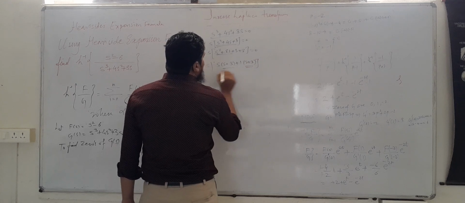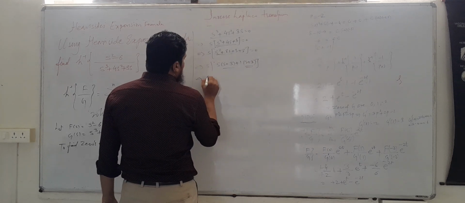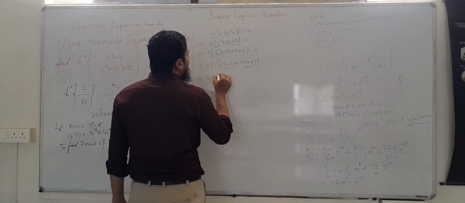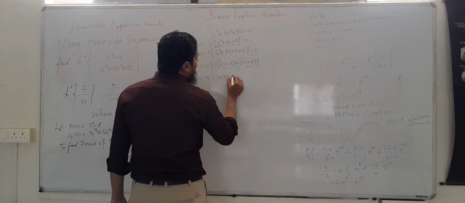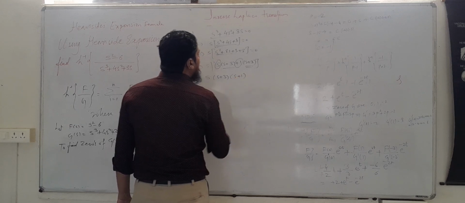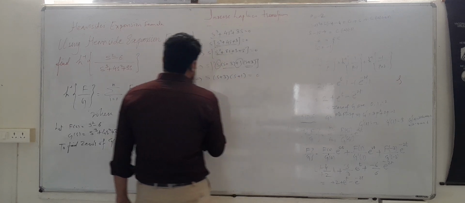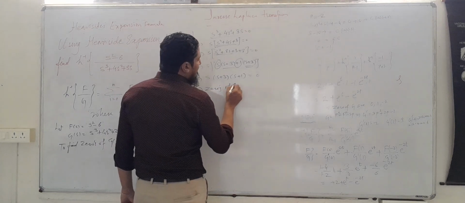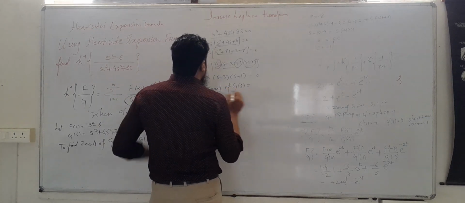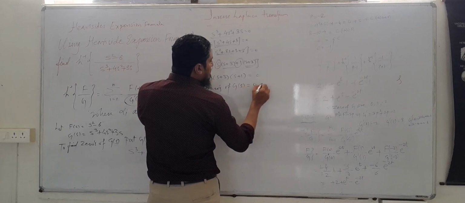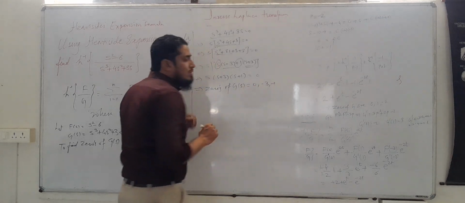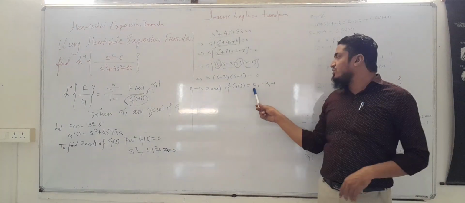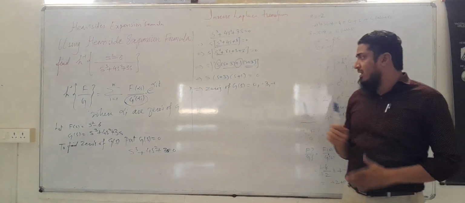Now s plus 3 is common, so taking it outside we get s plus 1. This implies that the zeros of g of s are 0, minus 3 and minus 1. There are 3 zeros of g of s, which are 0, minus 3 and minus 1.